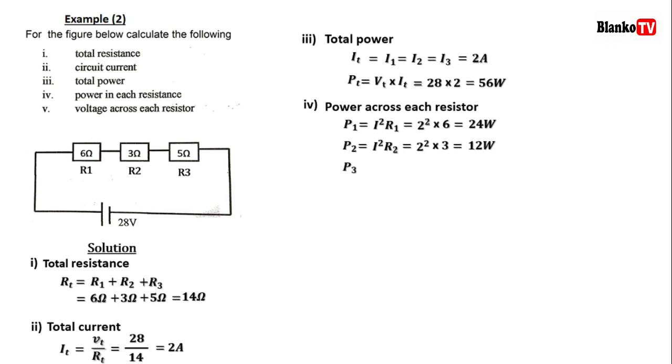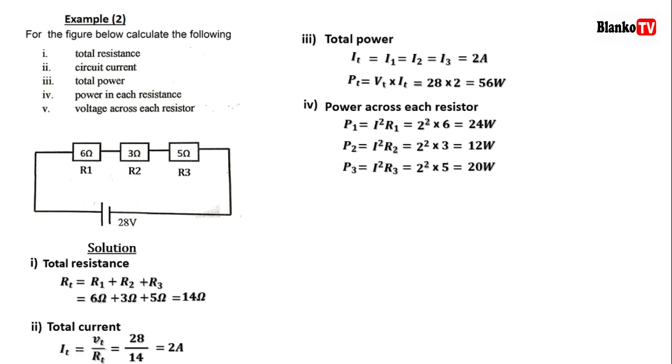Then P3 also equals I squared R3, which is 2 squared multiplied by 5, and that gives us 20 watts. So for the power across each resistor, P1 is 24 watts, P2 is 12 watts, and P3 is 20 watts.